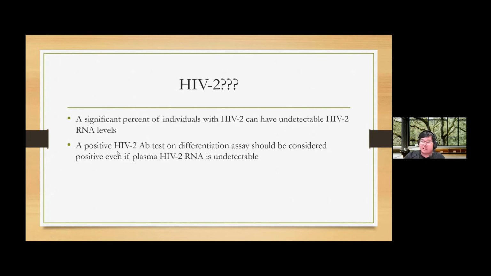A positive HIV 2 antibody test on the differentiation assay should be considered positive, even if plasma HIV 2 RNA can't be detected. HIV 2 is also of lower prevalence in the United States, so you don't see it as much here. That's the backbone of why we don't do HIV 2 nucleic acid testing here. We do it just for the first one.